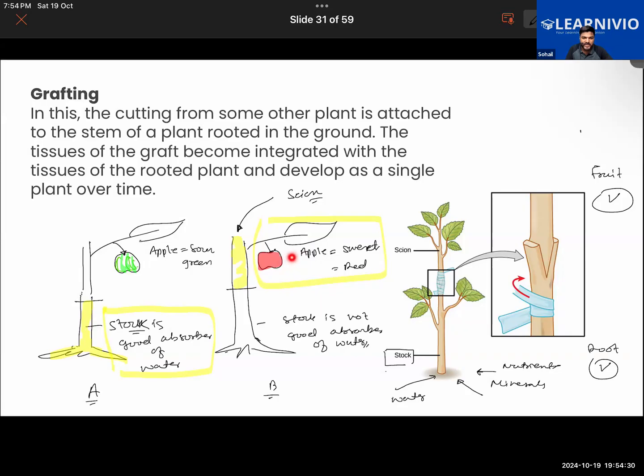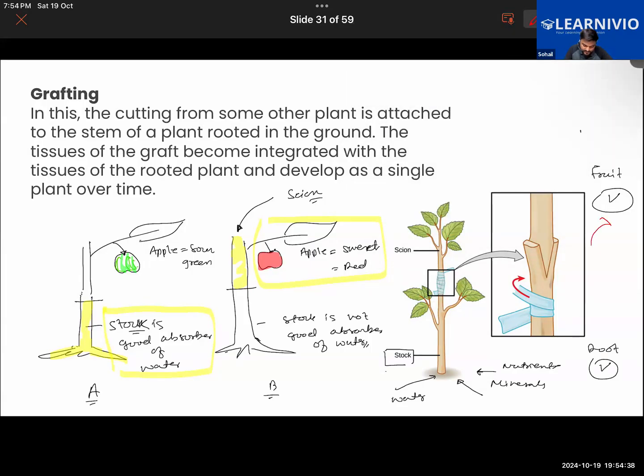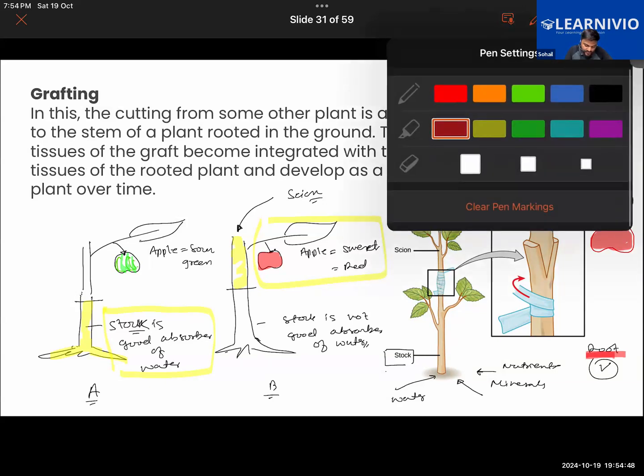We have taken the scion and the stalk. Both of them have been grafted here. So the new fruit that will be growing will be of very high quality. Getting it, everyone, now? Because the new plant that will grow, its root system will also be very good, and its fruit will also be very good.